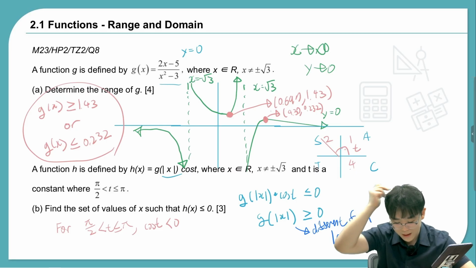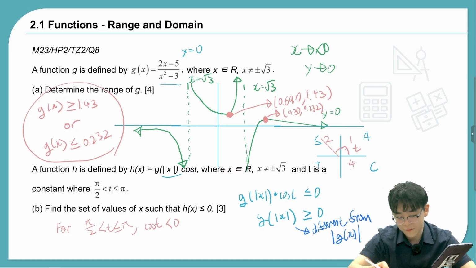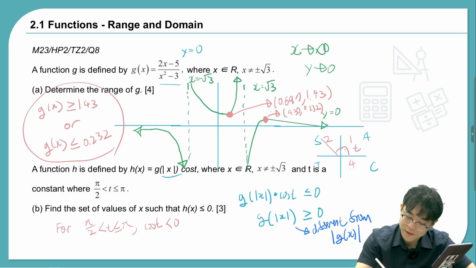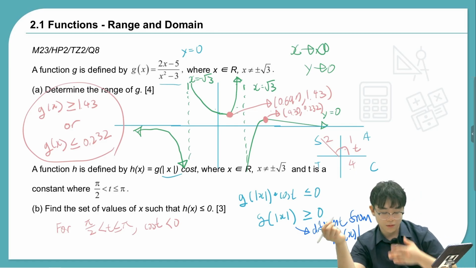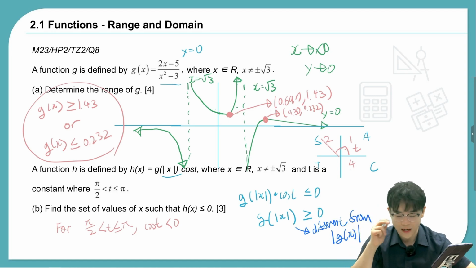But in the case where we have g of absolute value of x, we keep the graph the same for when x is greater than 0. But when x is less than 0, we put in the y value for the positive counterpart.